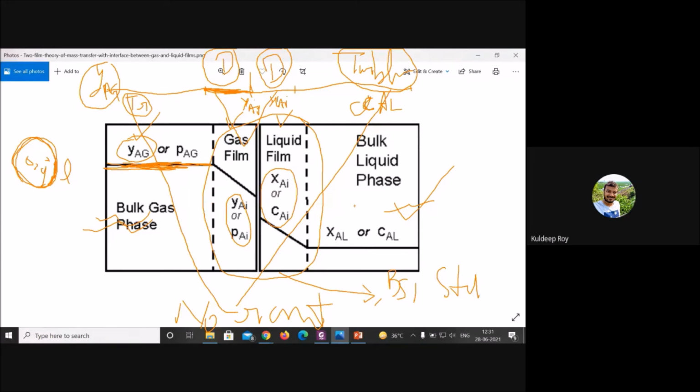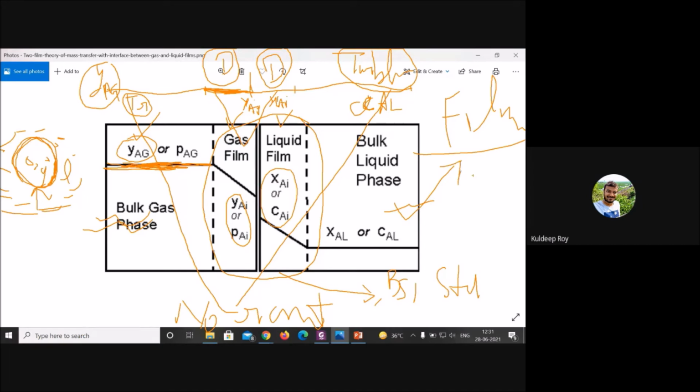I think you have got an idea of how the heat transfer and mass transfer will occur when you are talking about a gas liquid system. This is your gas, and around it there will be liquid. We have discussed film theory. Let me write it: F-I-L-M, film theory.